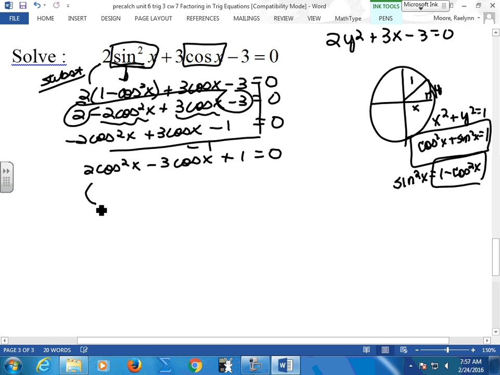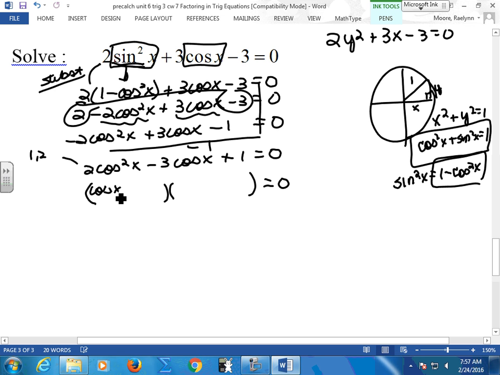And now, find the factors. So find me your factors. This only factors to 1 and 2, so start like that.